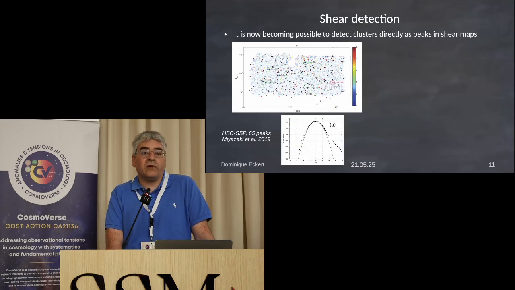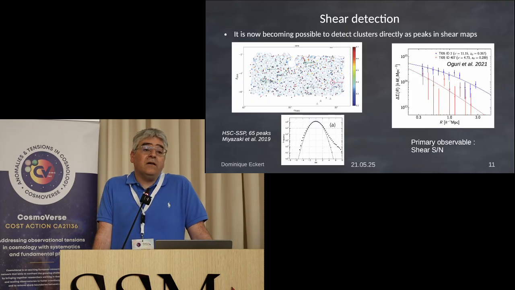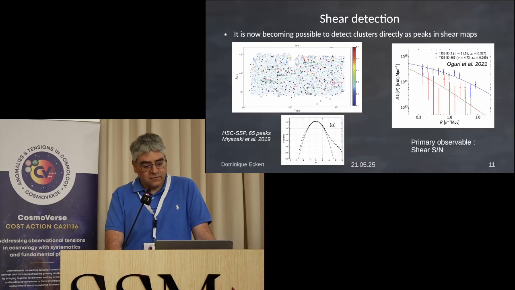And this is, of course, very promising because it's a detection from the dark matter rather than from any baryonic component. But so far, we only have a few of these systems detected, less than 100 of them. But this should kick off in the future, especially with Euclid. The primary observable here will be the signal to noise of your shear detection.